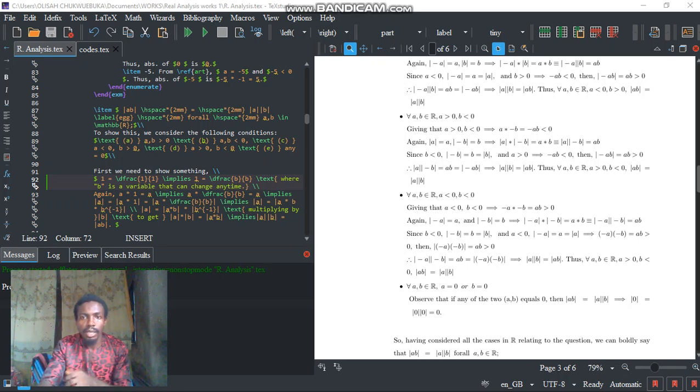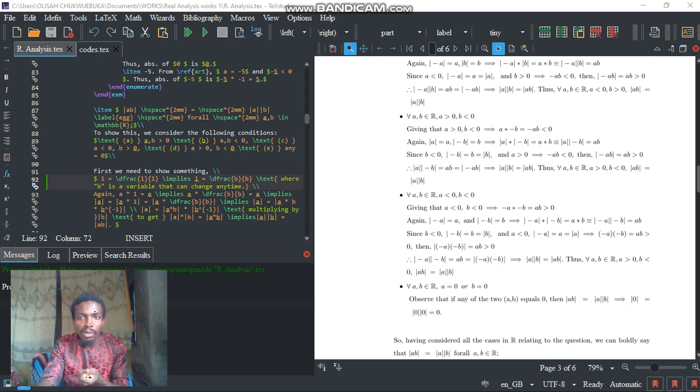Fourth case here says that A is less than 0 and B is less than 0. So here, again, we have that A less than 0, B less than 0, which implies that negative A multiplied by negative B is going to give us a positive AB, because when a negative number multiplies another negative number, we end up having what? A positive number, which is greater than 0. So now again, absolute value of negative A is equals to what?